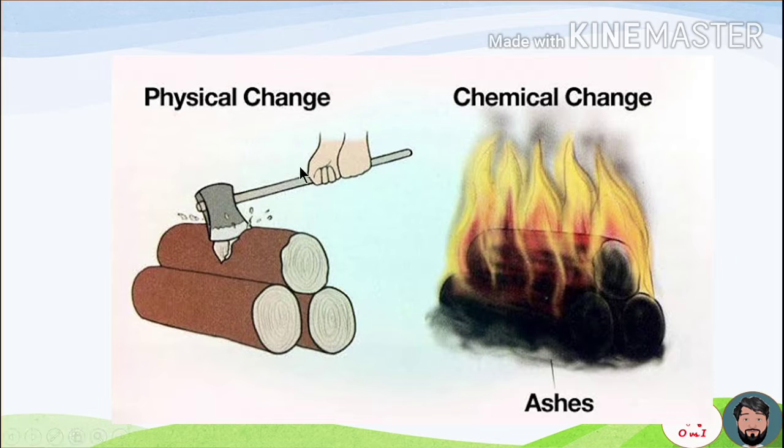But on the other side, when we burn a wood log, the wood log will be converted into ashes. So ashes are not wood, its composition is being changed. When the composition of a matter is changed, it is called the chemical change, or it is called the chemical property.